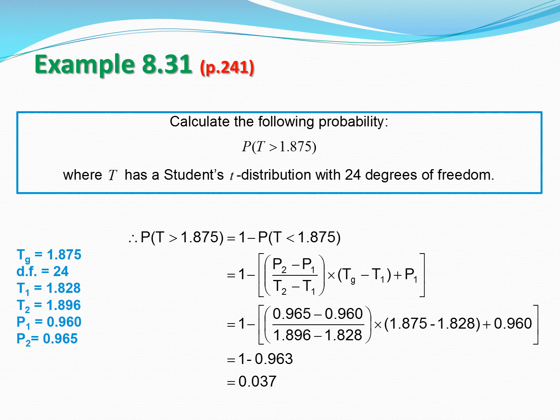So these are the values that we identified from our t table that we can use to plug into our interpolation formula. But we were looking for the probability that t is to the right hand side of 1.875. But remember, the values are only given to the left hand side in my t table. So I need to change that to 1 minus the probability that t is less than 1.875, since the area under my curve is 1 and I have the value to the left.